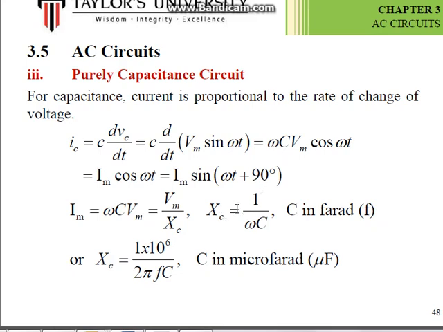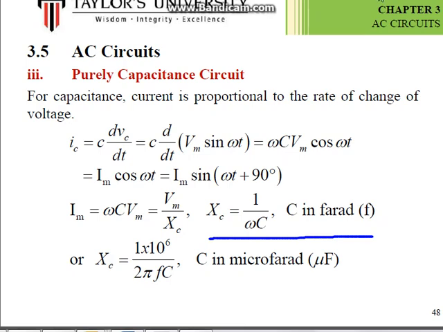So 1 over omega C. Omega is actually 2 pi F, just like what we have mentioned just now. This is the important thing that you will need to remember for your capacitor: the unit itself and then how you get the reactance.